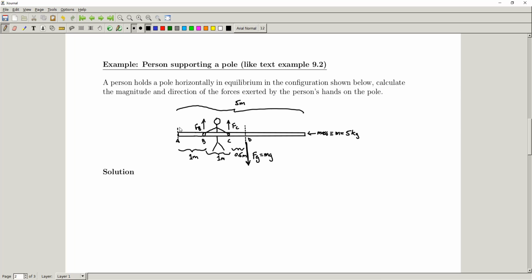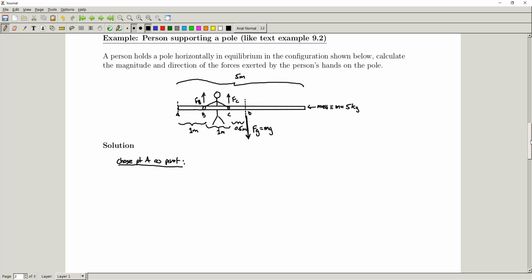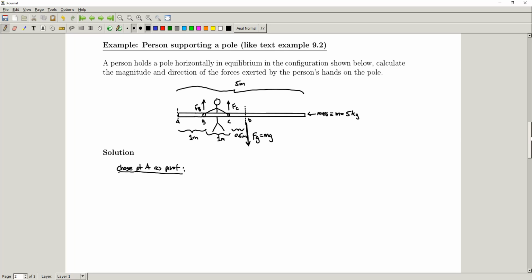Okay, so let's start off with that. We're going to choose point A as the pivot. And spoiler alert here, we are going to discover that this is a pretty poor choice, but let's do the calculation anyway and see how this turns out.